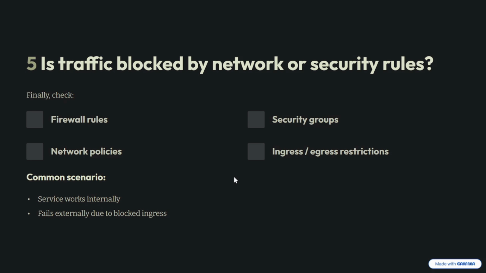For example, the service works internally between pods, but external traffic is blocked at the firewall, or the service cannot reach a dependency during startup because outbound traffic is blocked. Network issues are very common, and they are invisible until you check them directly.